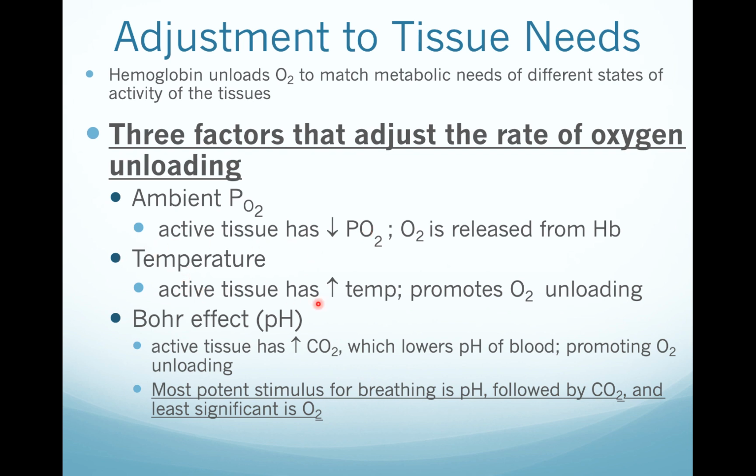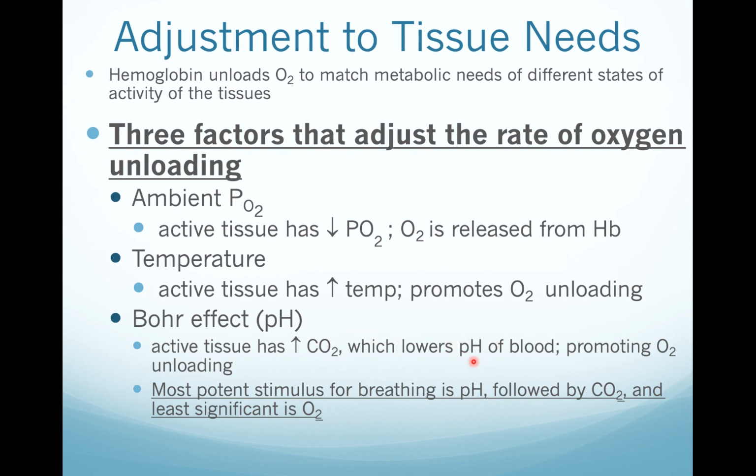Temperature. If the tissue has high temperature, it's going to also promote oxygen unloading from hemoglobin. The hotter your tissues get, it usually indicates that they are contracting or you're working out, which means that they're going to demand more oxygen to keep functioning. And then pH in the tissue. If the tissue has a huge buildup of carbon dioxide, CO2, as you already know, causes a buildup of protons, which lowers the pH.